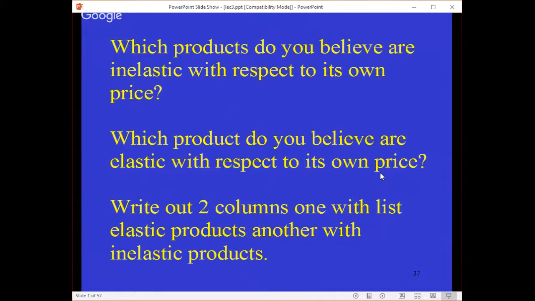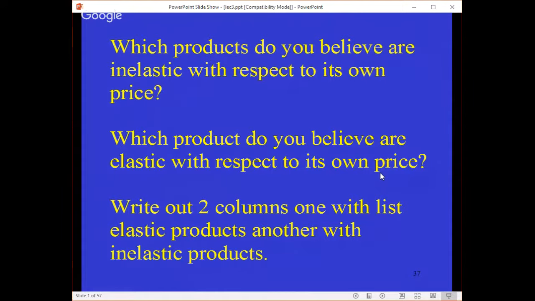In terms of manufacturing, raw materials can be elastic. If I buy product A and the price increases, I can buy product B with the same performance as A. Anything where there's a substitute is generally elastic.